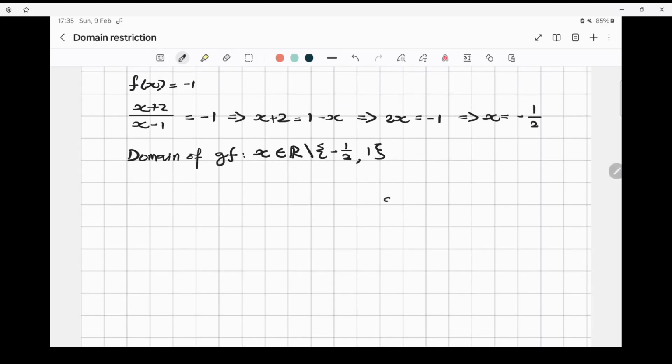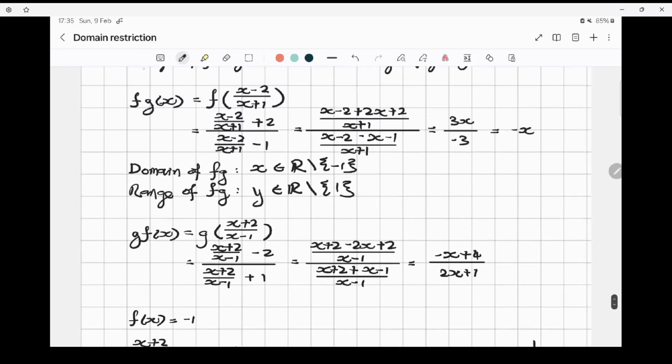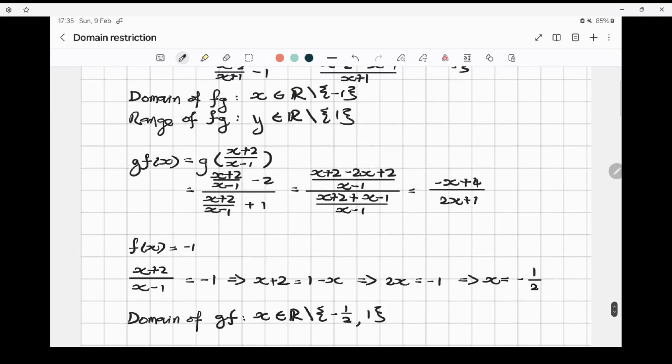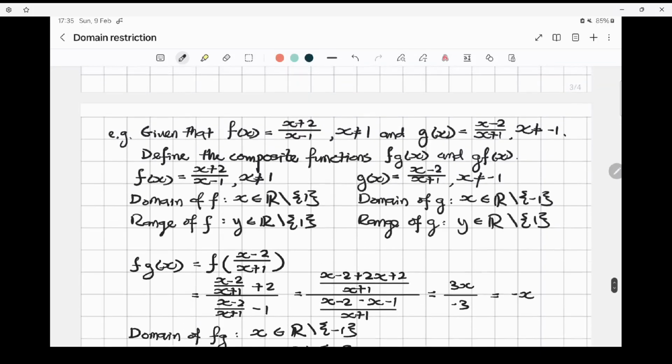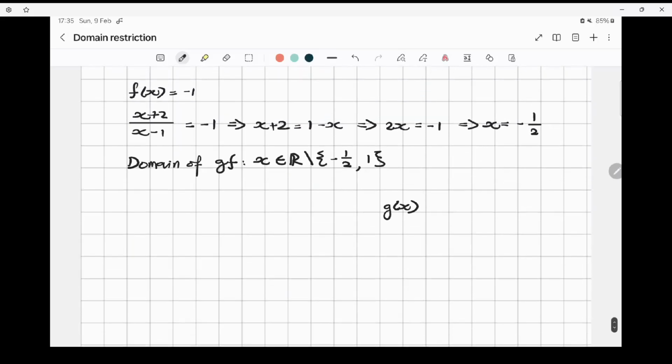So the second function that you need to really be careful, g is x minus 2 divided by x plus 1. So for g of x, the domain that you really have is this.